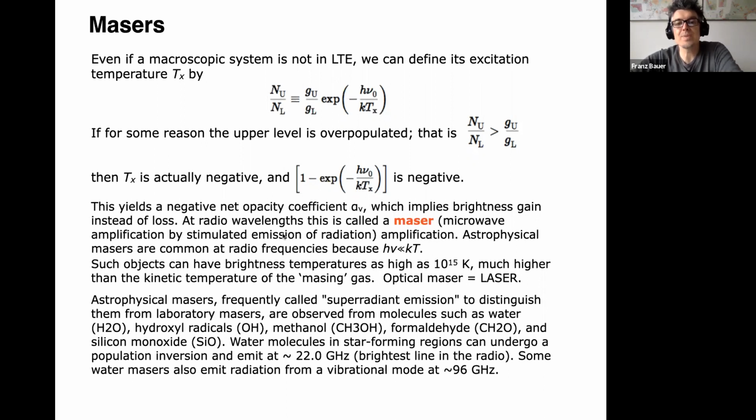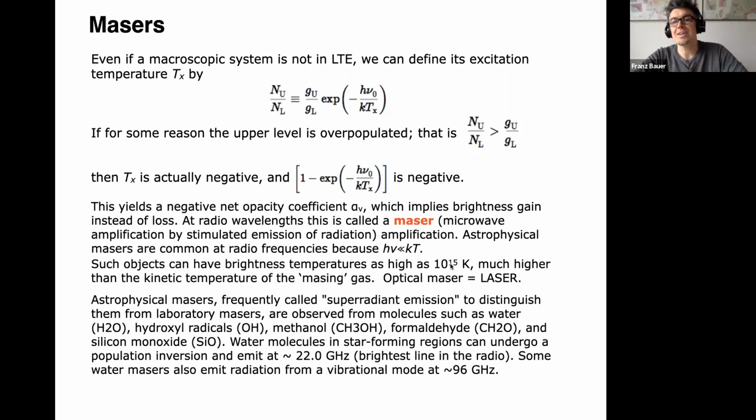Generally speaking, these frequencies are going to be much less than kT. The brightness temperature is different from the excitation temperature. Remember, the brightness temperature of the line can be huge. You can get line brightness temperatures of 10 to the 15 K, which are not physical, right?